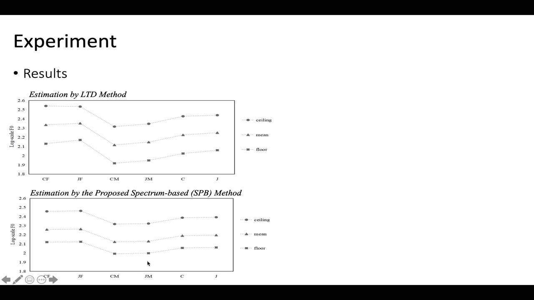Let's take male speakers data as an example, shown by the middle 2 columns. In the upper figure, which is the LTD method, the estimation results from their L1 language and L2 language are actually different across all the 3 parameters.